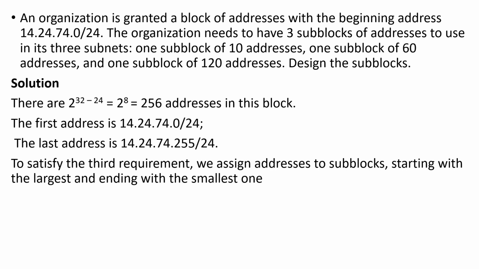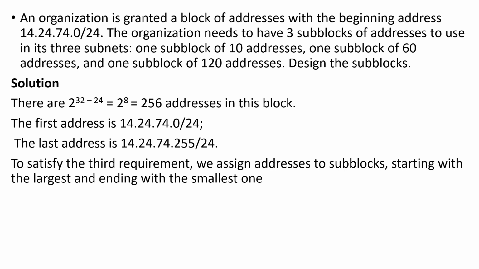You can obtain the first address with the help of the given formula: the leftmost n bits you keep as they are, and the remaining rightmost 32 minus n bits you make 0, and convert this binary to decimal to get the first address.